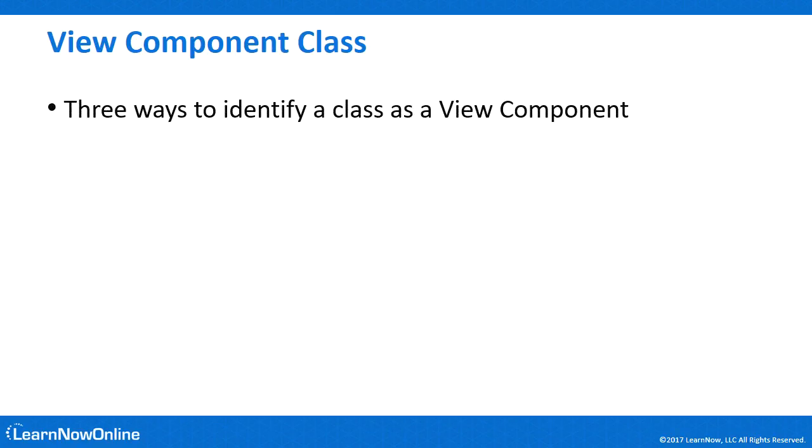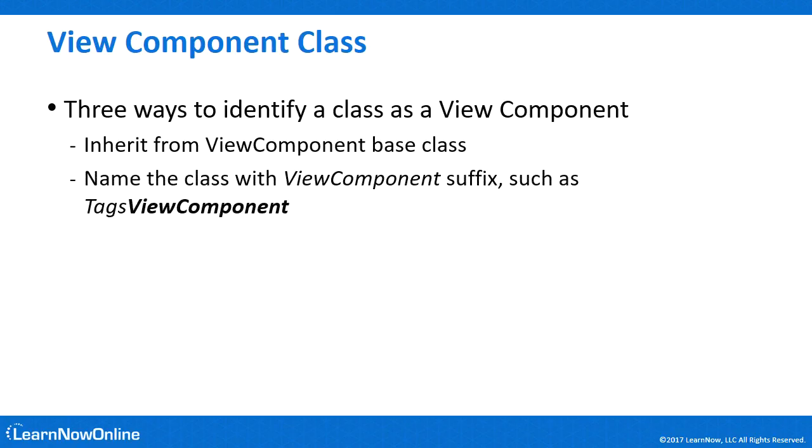Okay, so let's talk about how you create a view component class. There are 3 ways to identify a class as a view component. The first way that I've mentioned is to inherit from the view component base class. The second way is that you can just name the class with the ViewComponent suffix.